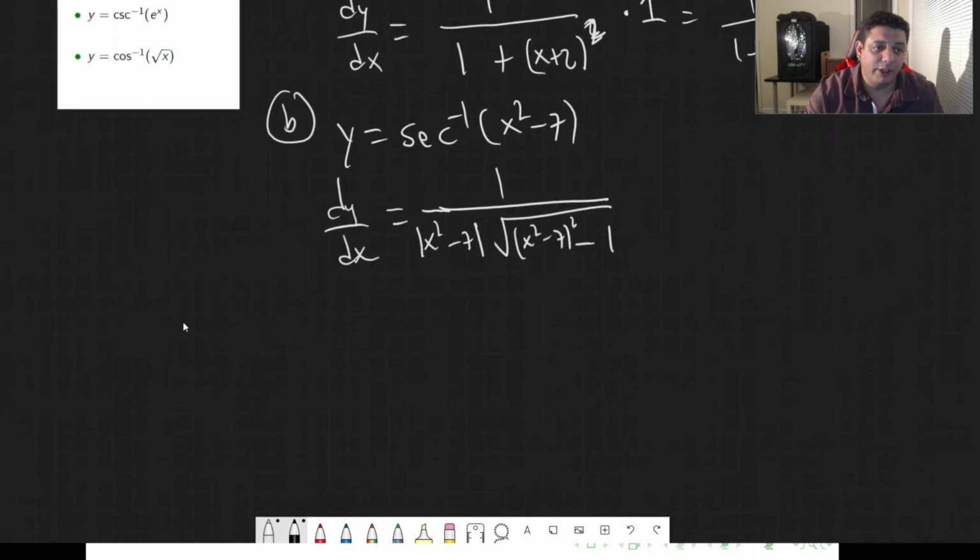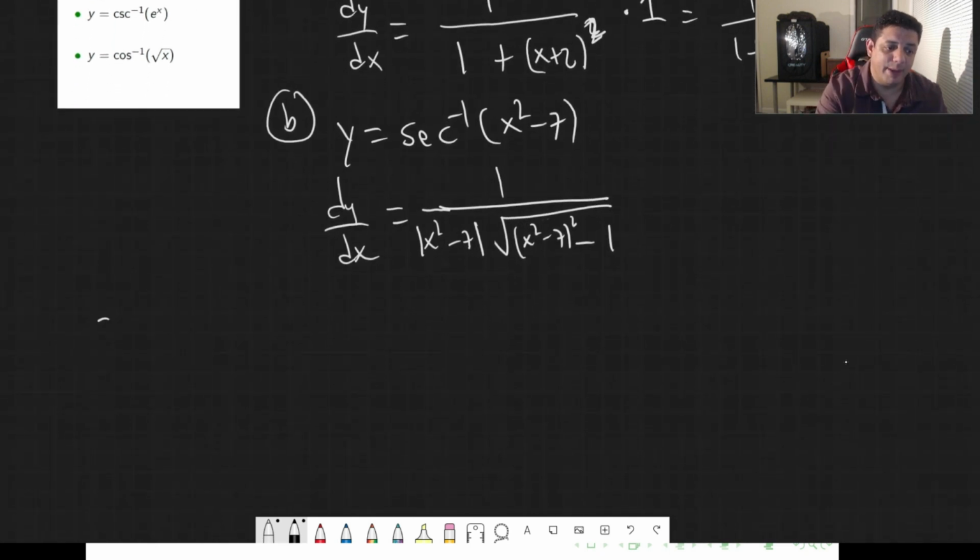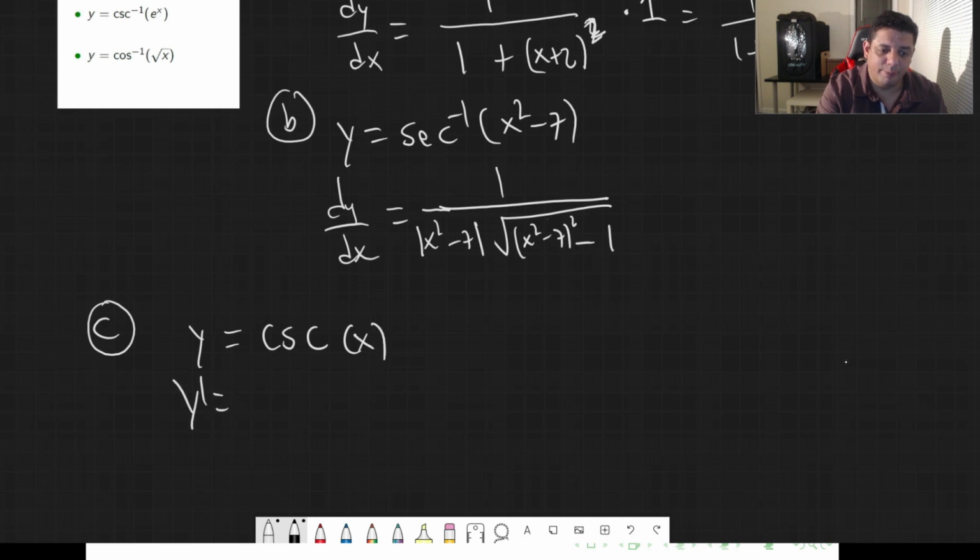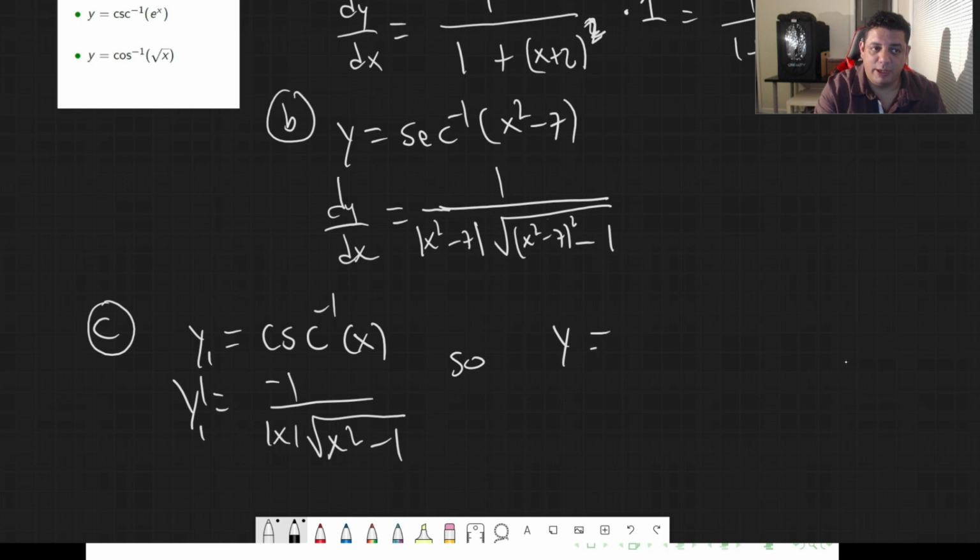Now, for the cosecant, notice that we have a minus of difference. So normally, if we have arccosecant of x, then y prime is just going to be minus 1 over the absolute value of x times the square root of x squared minus 1. This is the derivative of the inverse cosecant. Now, let's say y equals cosecant to the minus 1 of e to the x, then we have a composition and we have a chain rule.